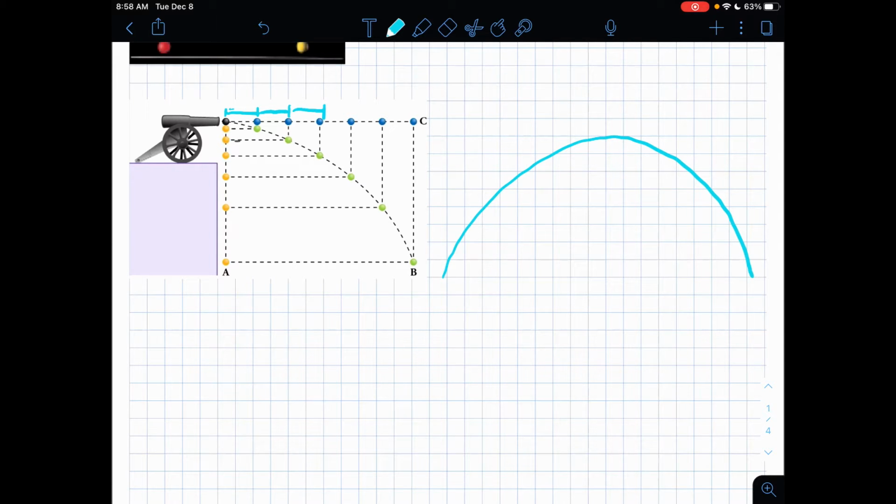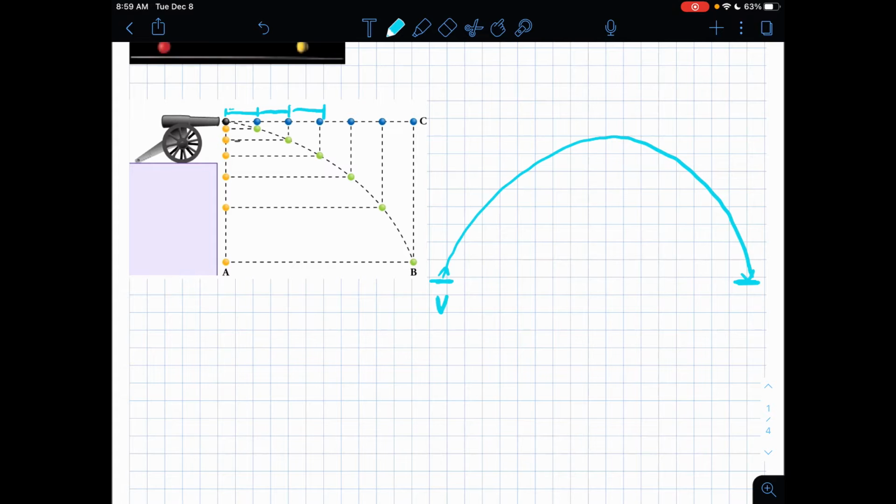So one important idea to remember is that the final velocity of a projectile, right here, the instant before it hits the ground, is equal to the negative of the initial velocity, as it leaves the ground. Now, this is true only if the final elevation of the projectile has not changed.